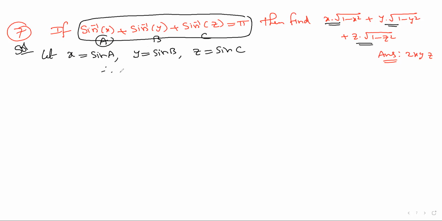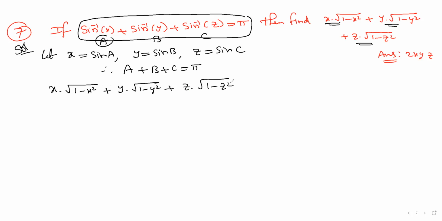Therefore, what is the condition? The first function already assumed A, the second function is B. A plus B plus C is equal to pi. Here we should take what is the given function? x into root 1 minus x square plus y into root 1 minus y square plus z into root 1 minus z square. Okay, now we should find this value.